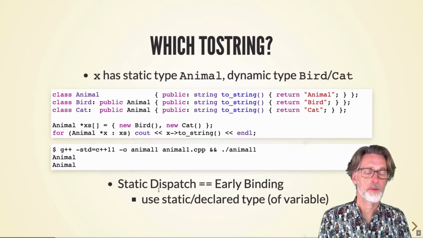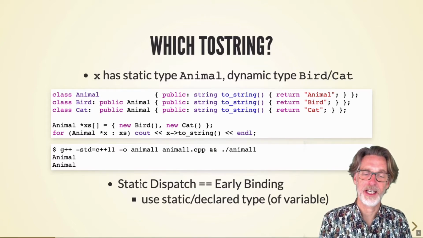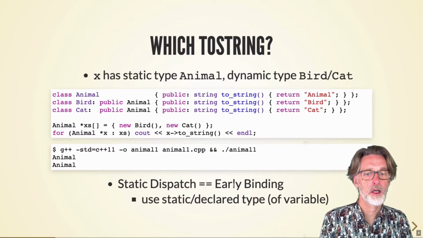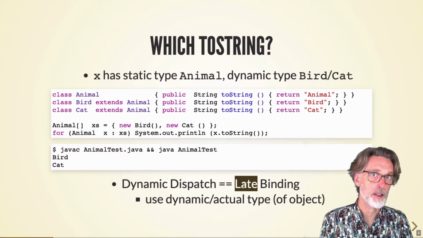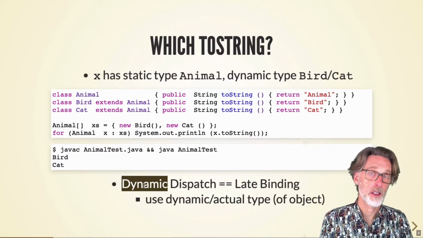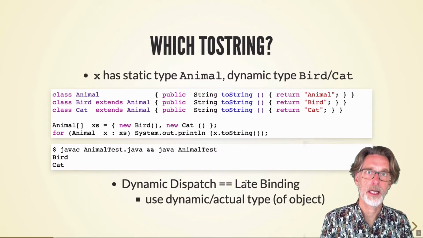These two concepts are important. You can see they have lots of names, so anything with lots of names is typically important. And early here refers to the compilation process. Late refers to the runtime process. And of course, those are the same things we mean when we say dynamic, that's runtime, and static is typically compile time. So static is early, dynamic is late.